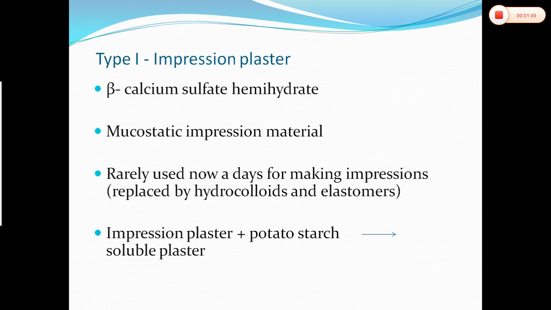Coming to type 1. Type 1 is known as impression plaster. You have discussed previously about impression materials, right? Like reversible, irreversible, rigid, elastic impression materials such as alginate, agar, impression compound, zinc oxide impression paste, and elastomeric impression materials.